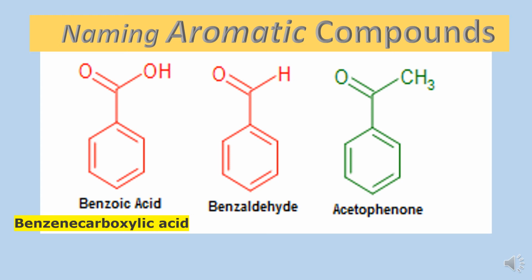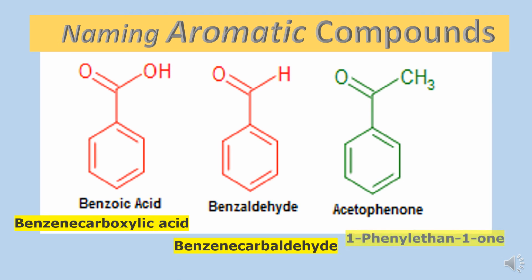But the popular name is benzoic acid, and IUPAC has also recommended that name. The IUPAC systematic name for benzaldehyde is benzene carbaldehyde, and for acetophenone it is 1-phenyl ethan-1-one. But IUPAC has recommended all these common names as well.